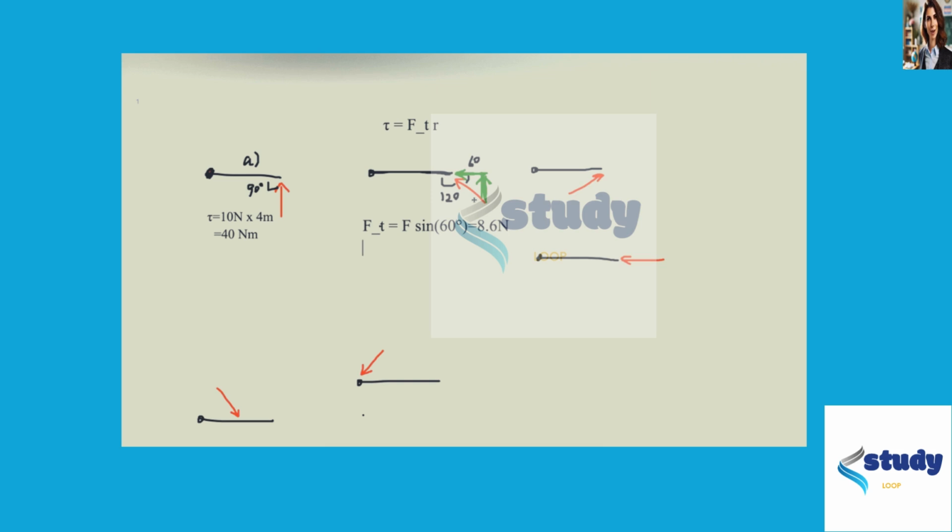And from that, we can calculate the torque. Torque equals F tangential times R. And again, what is R? R is the distance from the point this red arrow is pointing at to the pivot point, which is again 4 meters. So 8.6 Newton times 4 meters gives us a total of around 34.6.